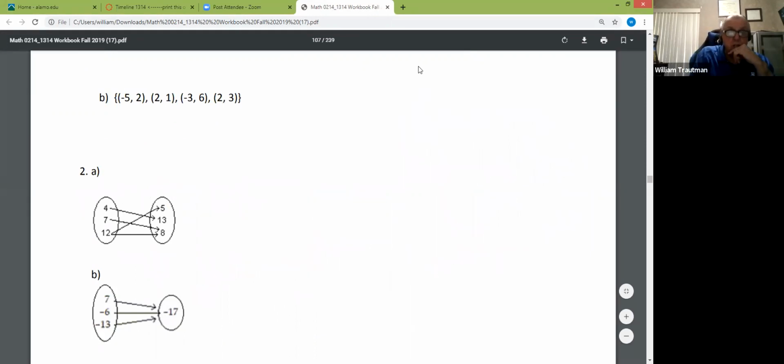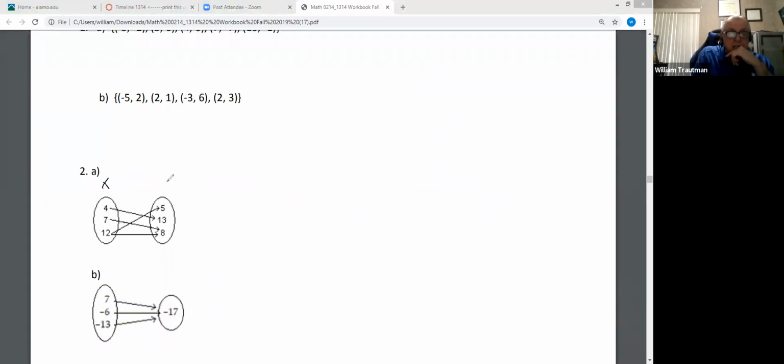This one here, these are just another way of showing the x values and the y values. If I do the x value of 4, this goes to a y value of 13. If I go to the x value of 7, this goes to a y value of 8.